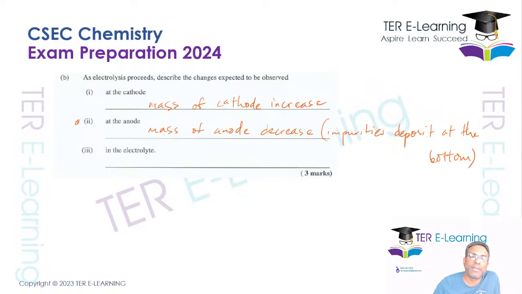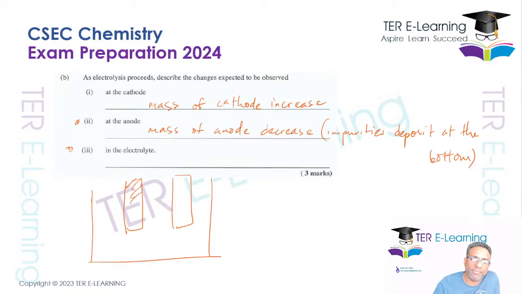And then the electrolyte. What's happening here? There's the impure copper here, and what's going to happen is this. The Cu2+ from the solution is going to be deposited at the cathode as copper.